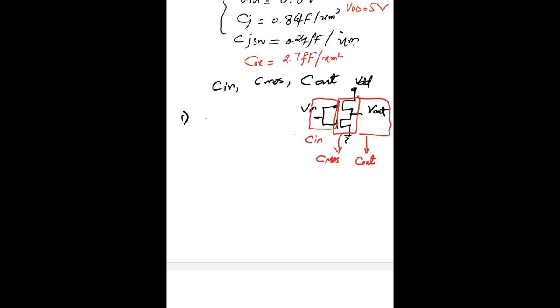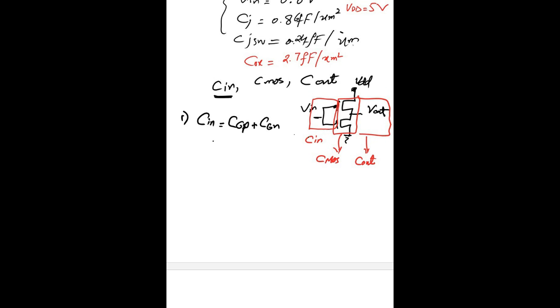First, we have to find the input capacitance, like this capacitance here. The input capacitance can be given by CG, which is CGP plus CGN, the gate capacitances of our PMOS and of our NMOS.